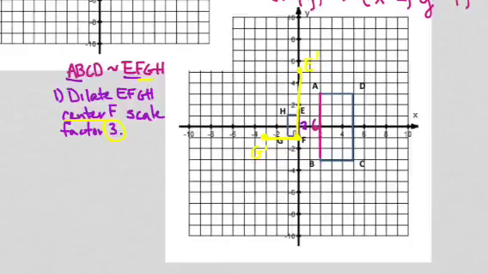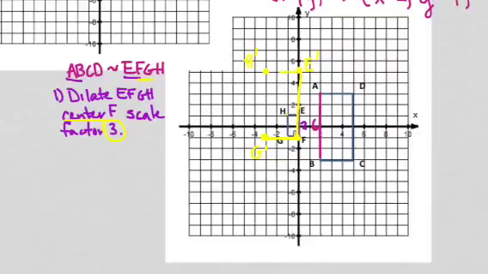Now to get H prime, I have to go from F to H, I go left 1 and up 2. So to get the new scale, I would go right 3 and up 6. And I can see that now I have my rectangle that I needed.